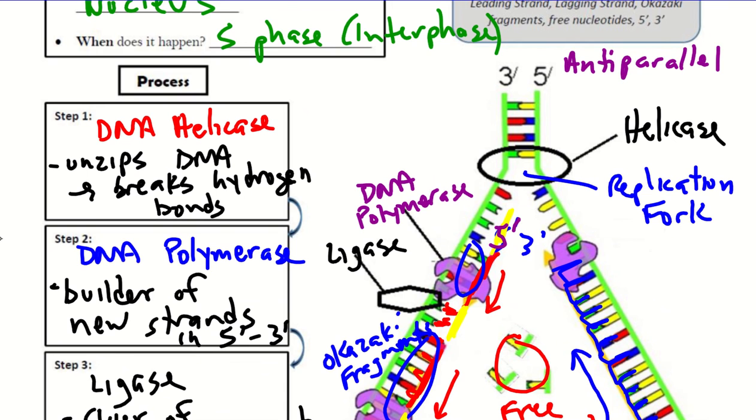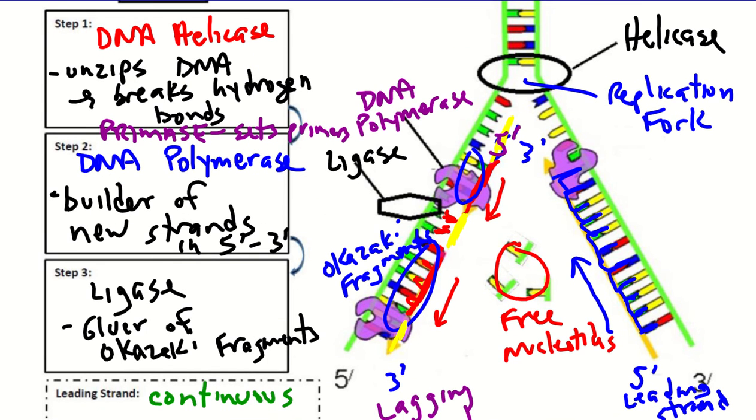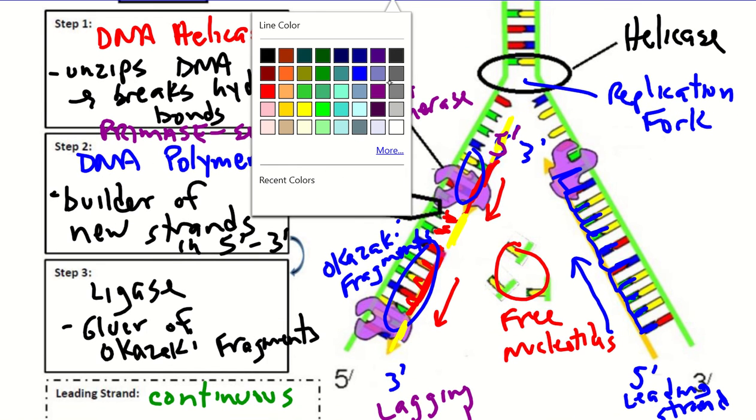And all I'm going to say with primase is primase happens right here. It sets primers. And when I say it sets primers, it basically sets the starting points of both strands.